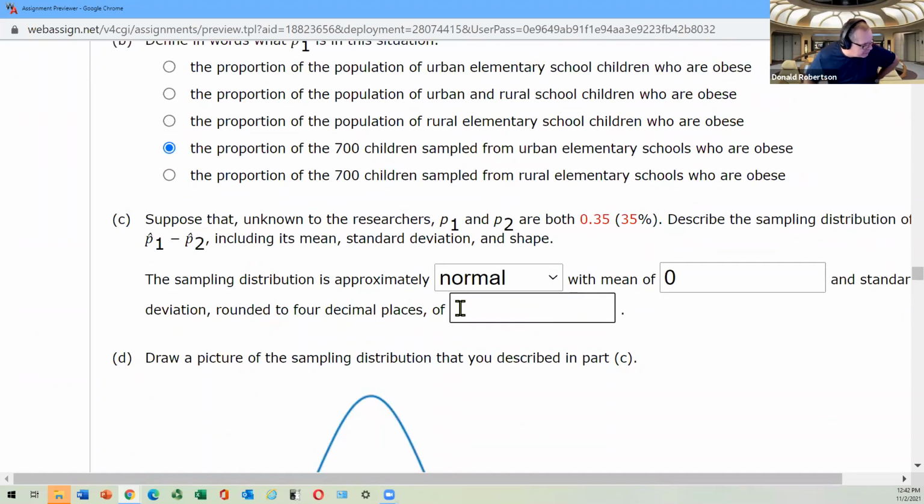That is a big calculation. Do you know my ugly square root guy? P1 times 1 minus P1, that's the guy we're going to use. And won't we call P1 0.35 and P2 also 0.35? Okay, too much talking. I have to write this down. You can't keep it all in your head. No one could.